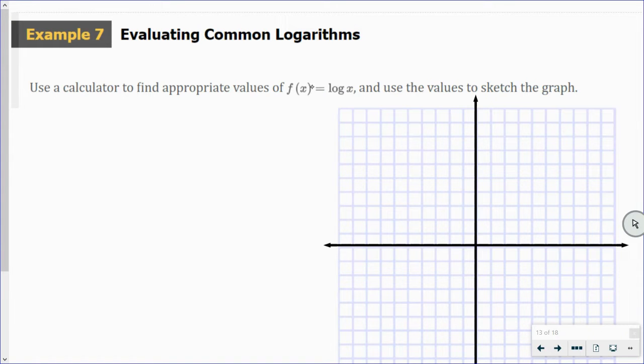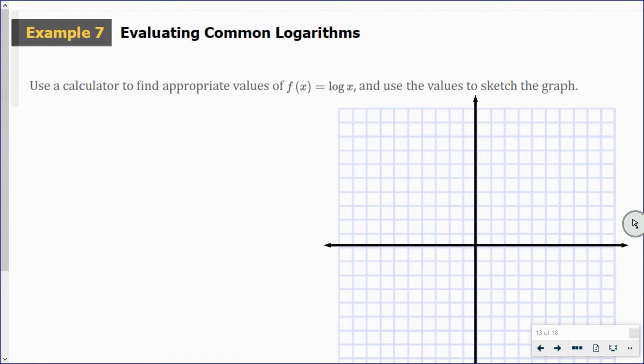So here we want to use the graphing calculator to approximate values of log x. Our parent function here is log base 10 of x. So if we form a table, remember the inverse of this is 10 to the x.